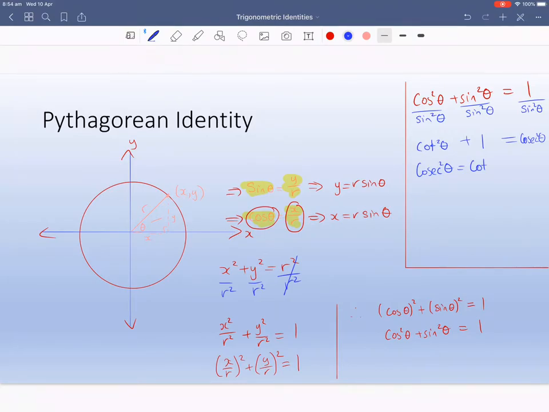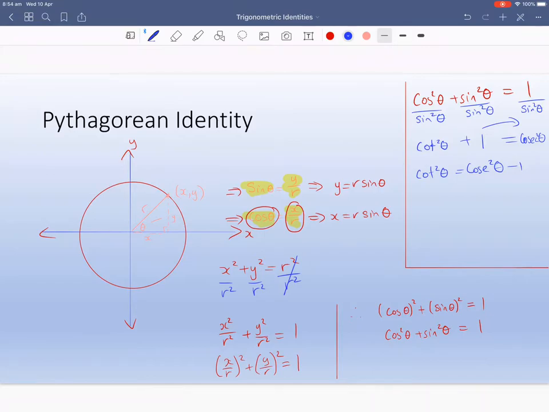What I meant to say is that we can rearrange this, that cot squared theta is equal to cosec squared theta minus 1, just by moving this over there.